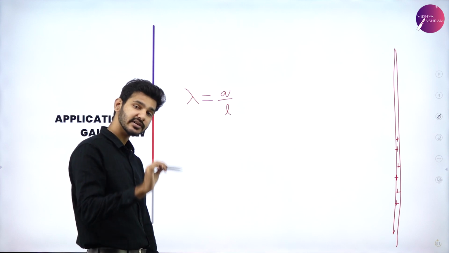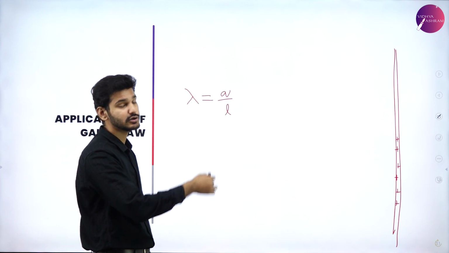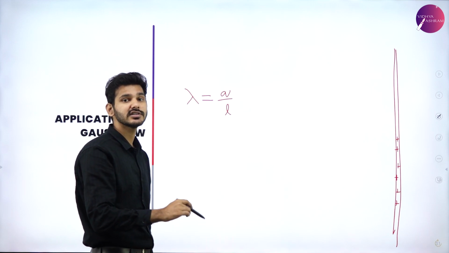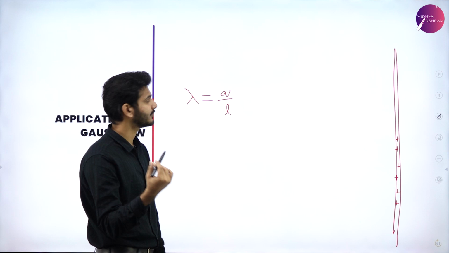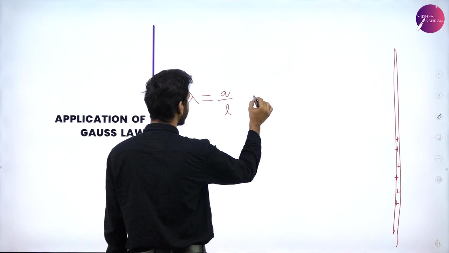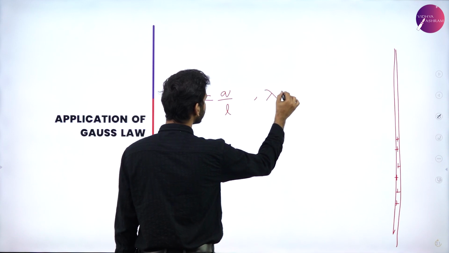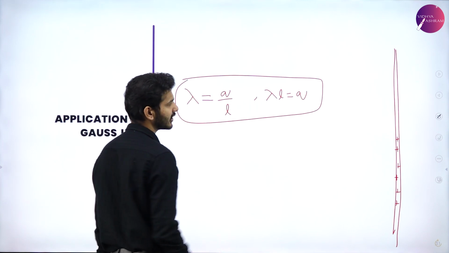If you consider a surface, you will consider area. If you consider linear charge density, you will consider the length. And if you consider volume charge density, then you will consider volume. So lambda L will be equal to Q. We'll just keep that aside, don't forget about it.